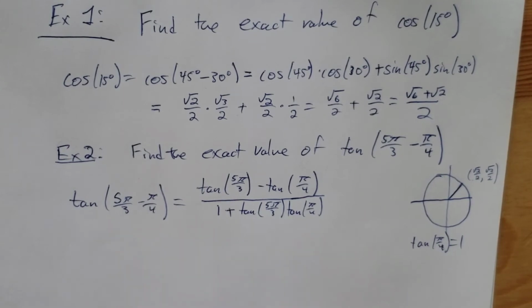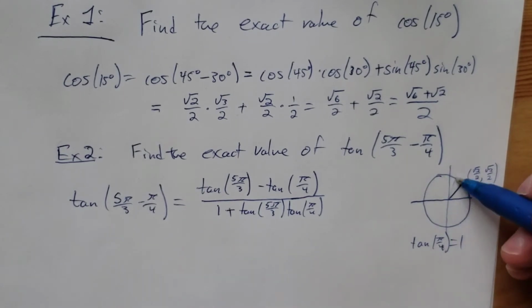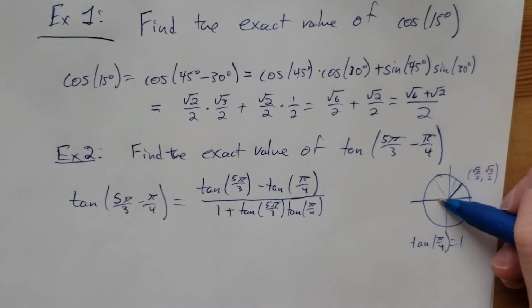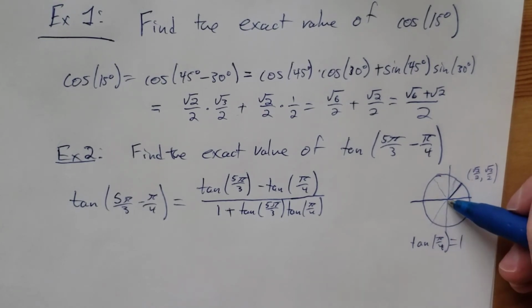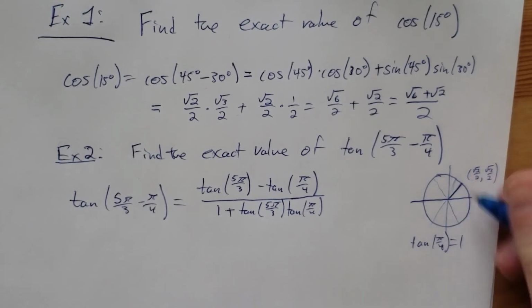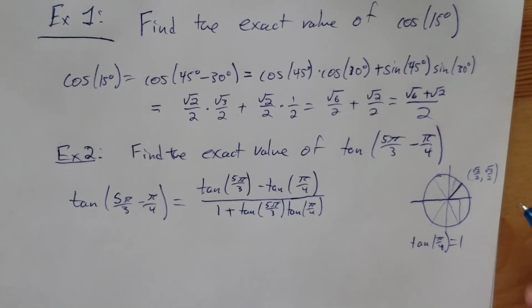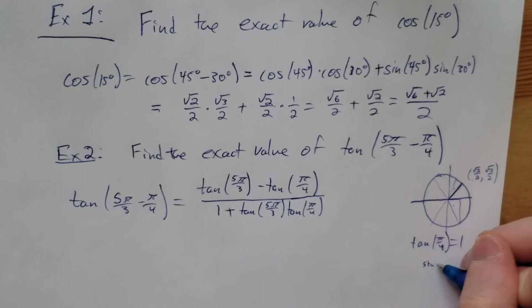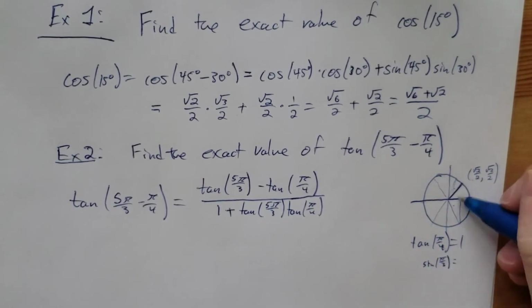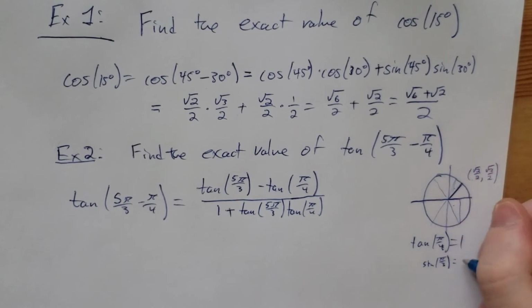Now what about 5 pi over 3? We get pi over 3 up here, 2 pi over 3, 3 pi over 3, 4 pi over 3, 5 pi over 3. So this corresponds to the values at pi over 3. Sine of pi over 3 is root 3 over 2.